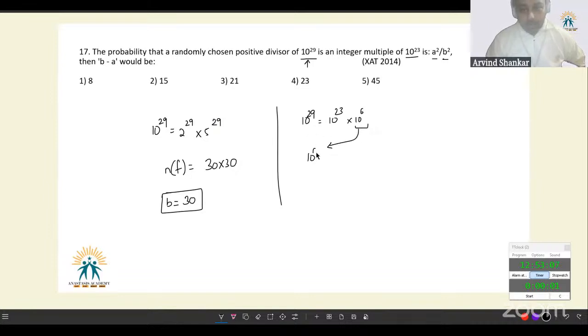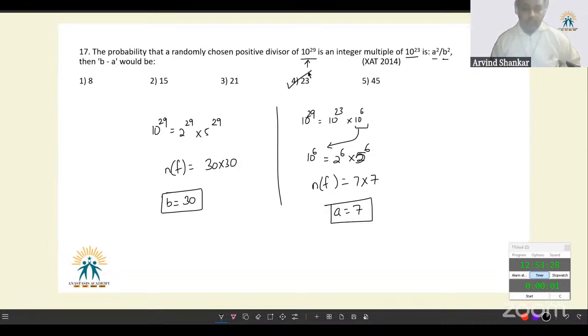Essentially, we are looking for the number of factors of 10 raised to the power 6, which is 2 raised to the power 6 into 5 raised to the power 6, or number of factors in this instance will be 7 into 7, or A is equal to 7. And therefore, when we are finally asked B minus A, we're looking for 30 minus 7, or the correct answer here is option 4, 23, which most of us have arrived at.